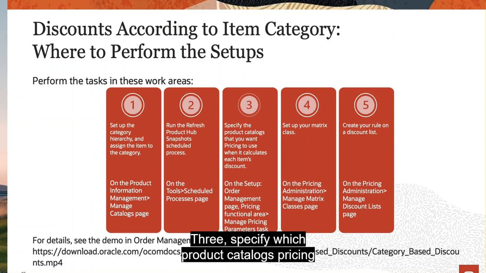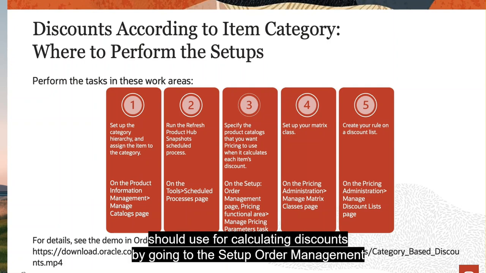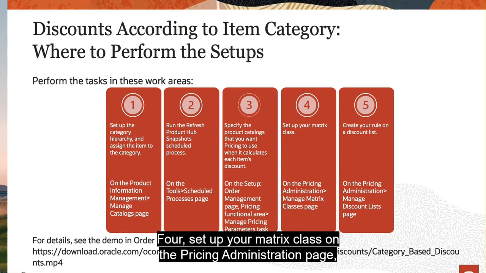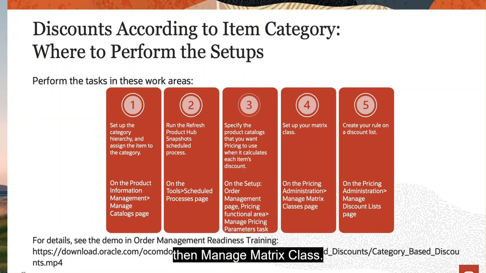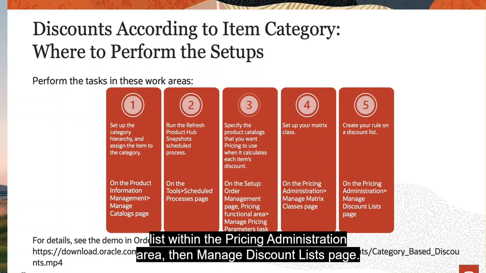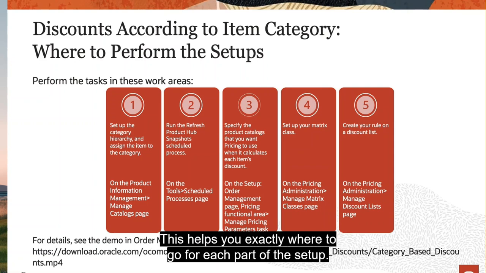Specify which product catalogs pricing should use for calculating discounts by going to the Setup Order Management page, then to the Pricing functional area, then select the Manage Pricing Parameters task. 4. Set up your matrix class on the Pricing Administration page, then Manage Matrix Class. And 5. Create your discount rule on a discount list within the Pricing Administration area, then Manage Discount List page. This helps you know exactly where to go for each part of the setup.